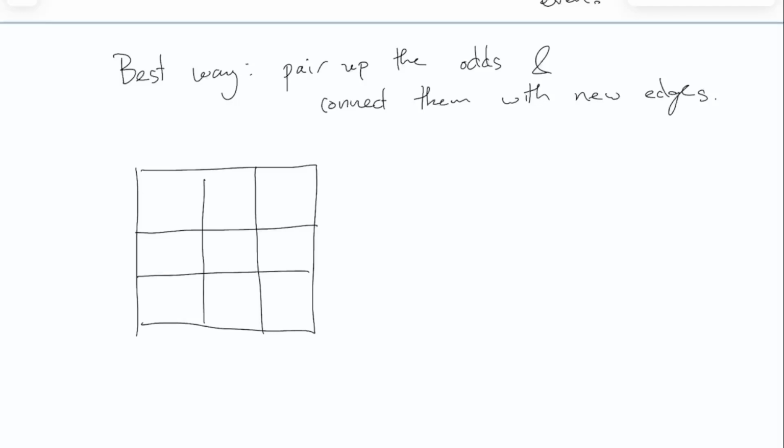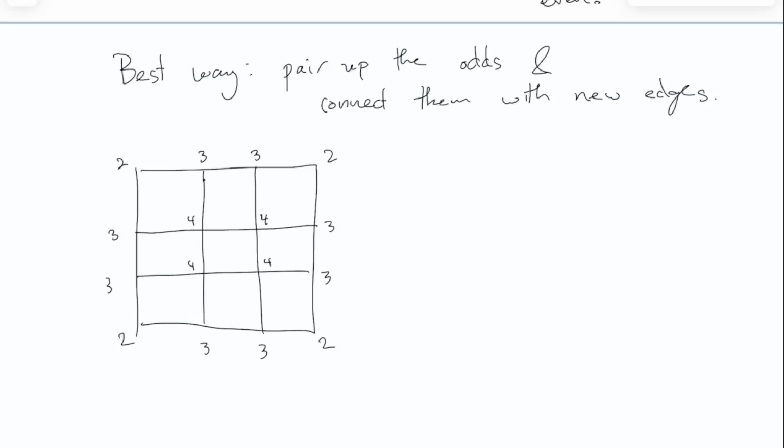I hope by this point everybody feels good about saying what the degrees of all of these things are. I see 2s in the corners, 4s in the middle, and then all the other ones along the side are all 3, right? That's a 3, that's a 3, that's a 3, a 3, a 3, a 3, a 3, and a 3.